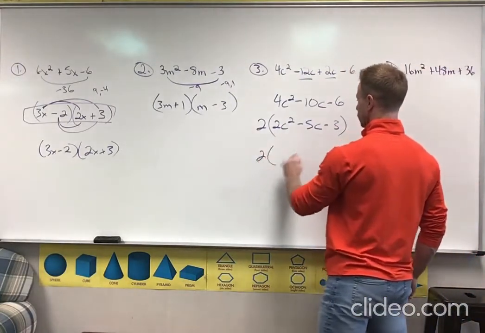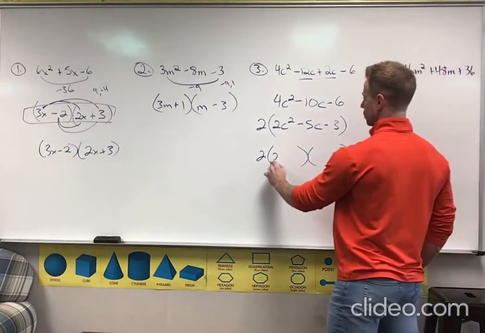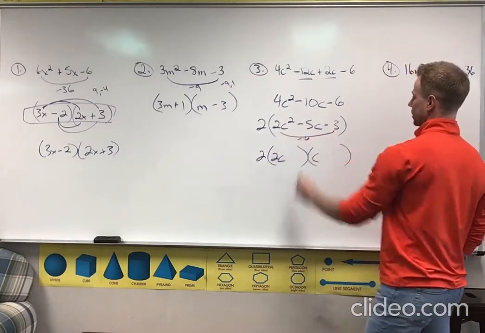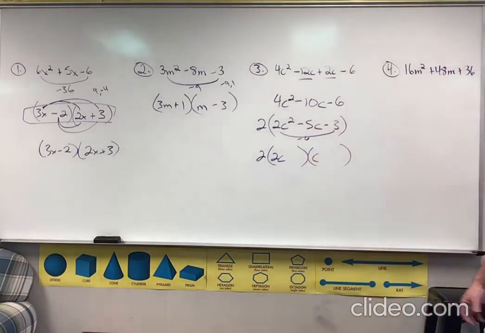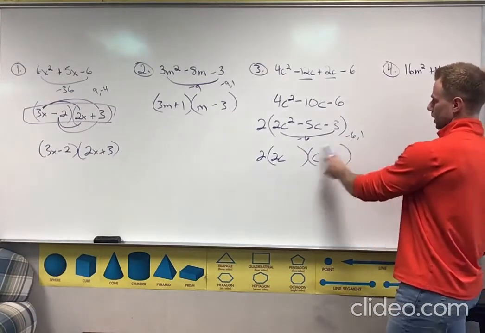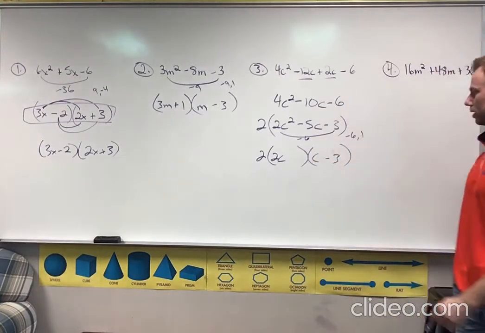Okay, now we're going to bring the 2 down. Do our two sets of parentheses, 2c and c. We're looking for something that multiplies to negative 6 and adds to negative 5. So that would be negative 6 and positive 1. Negative 6 is divisible by 2, which gives us negative 3.